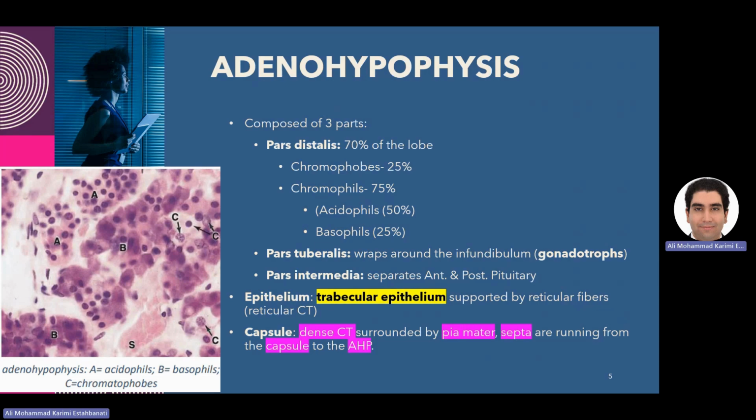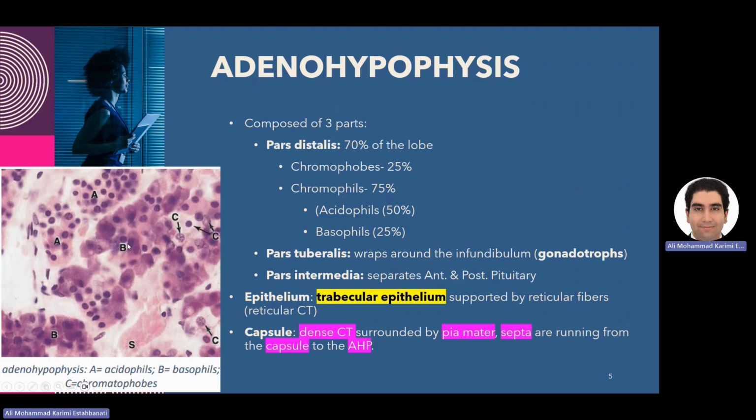It's very important to remember that they are surrounded and supported by reticular fibers. And the capsule for this area, like any other capsule in our body, is dense connective tissue. It's surrounded by the pia mater, and the septa basically go all the way through this capsule and get to the anterior pituitary.